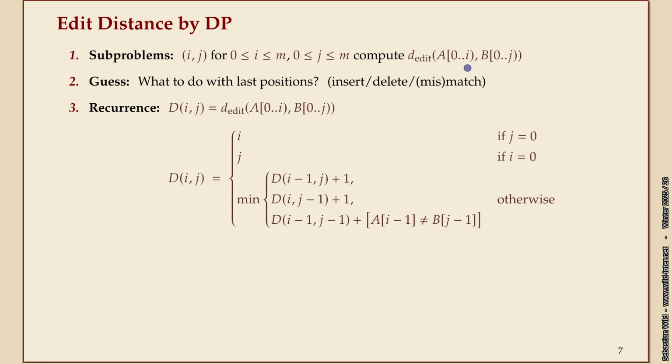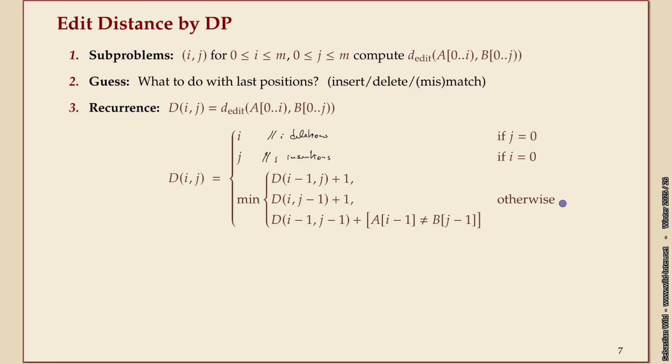So if i is given, that's i deletions. And the symmetric case, if I don't take anything from the first string, I have to insert everything in the second string that I have. In both cases, these are the number of operations. That's what we get as the cost.